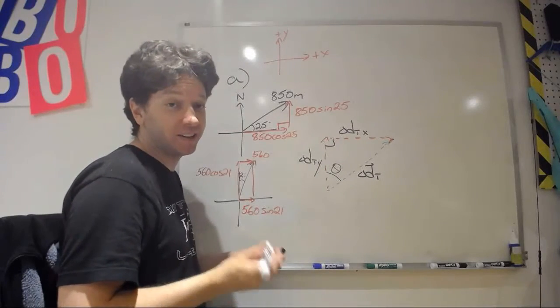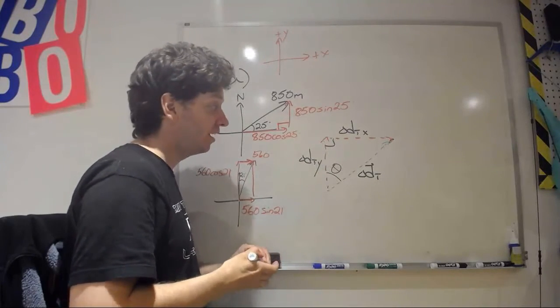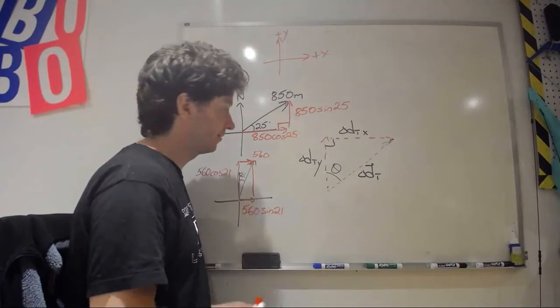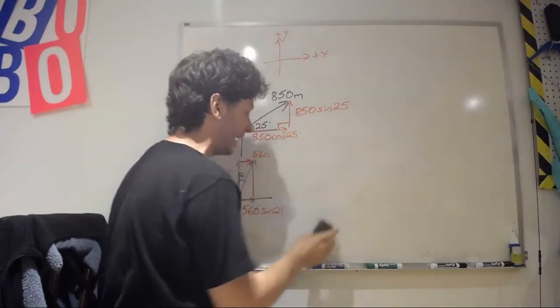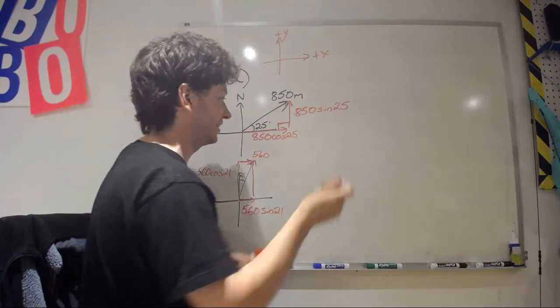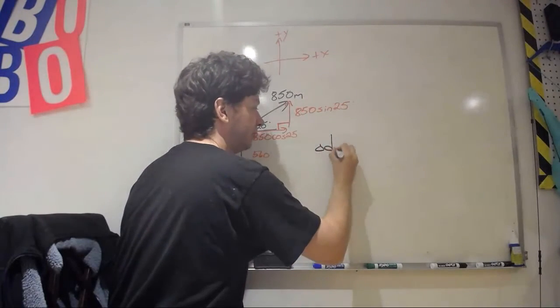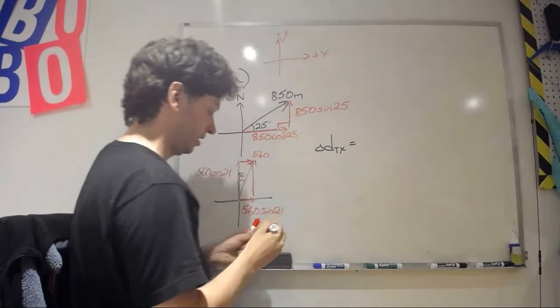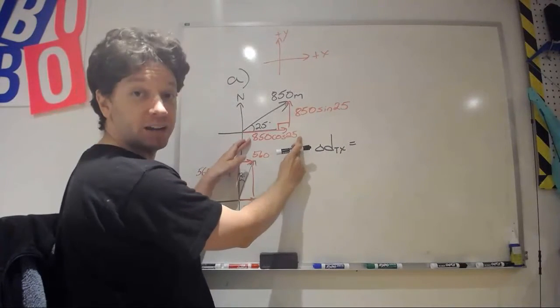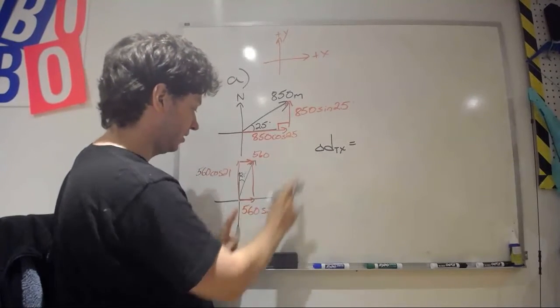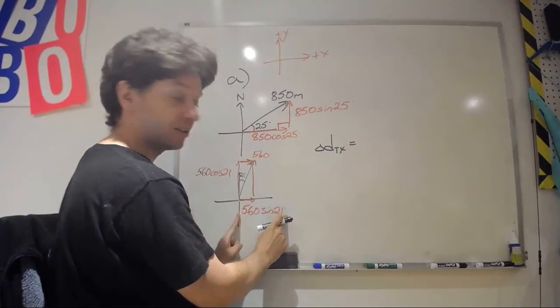You use Pythagoras and the tan ratio, you can figure out exactly what that is. So let's first add them up to figure out what your total x is. Our total in x is going to be 850 cos 25 plus 560 sine 21.